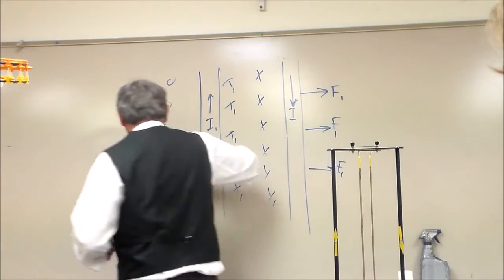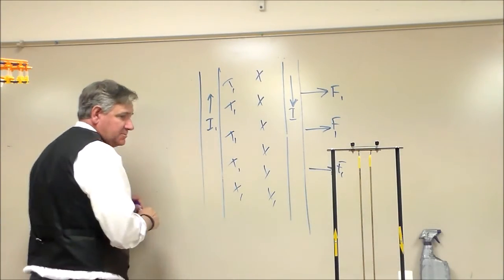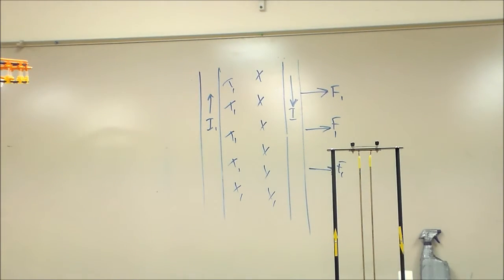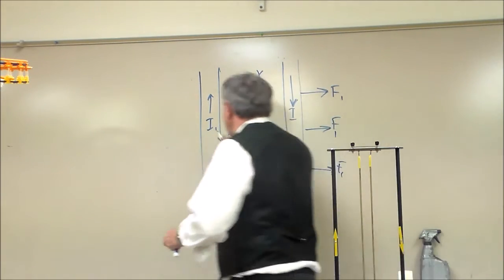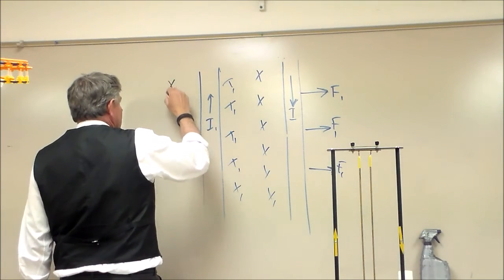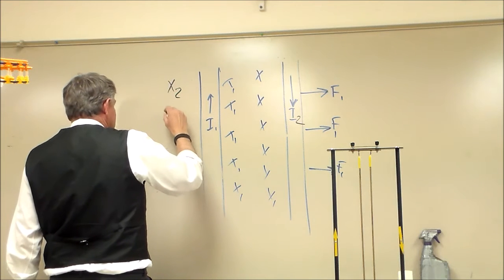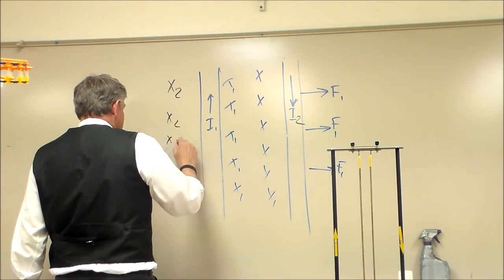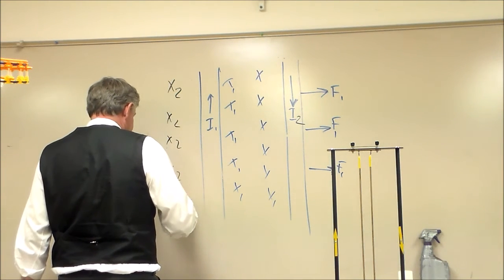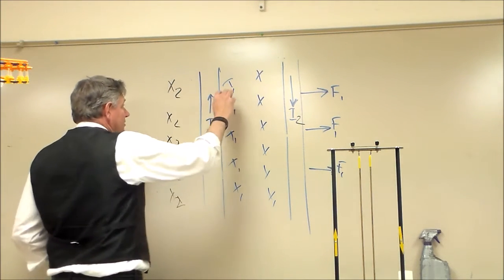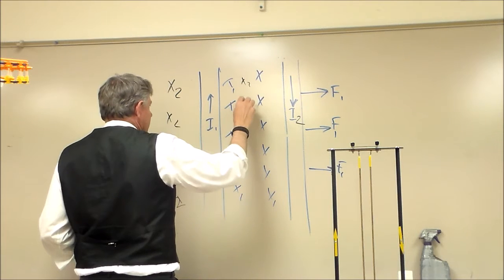So over here, we'll call this 2. So this is going to be X2s. This is getting out of hand. Now there are two of them. Now, these are going to be X2s.